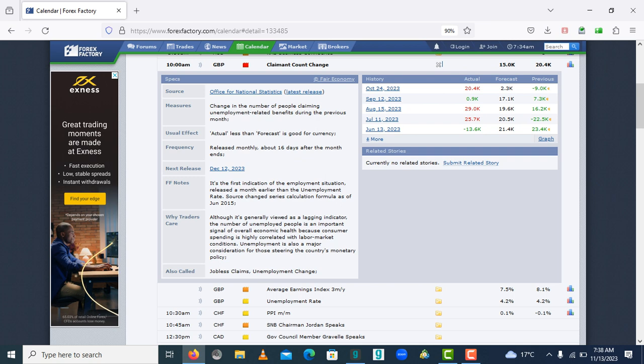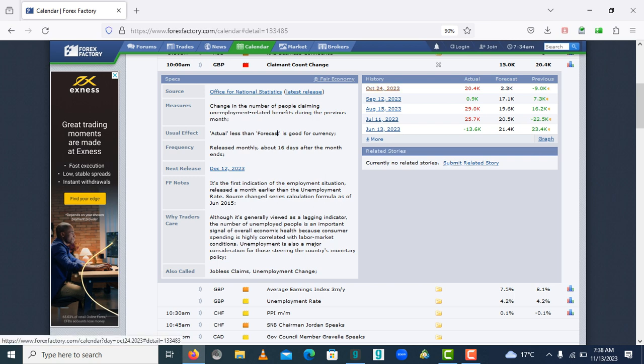How to know? You simply come here and you read the specifications here. There is this part. I want to highlight it. Hope it is clear that actual less than forecast is good for the currency. Actual less than the forecast is good for the currency.